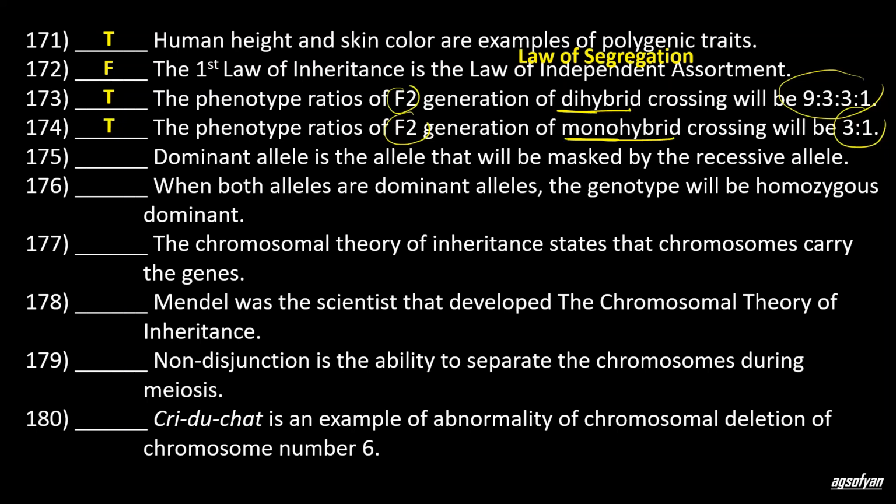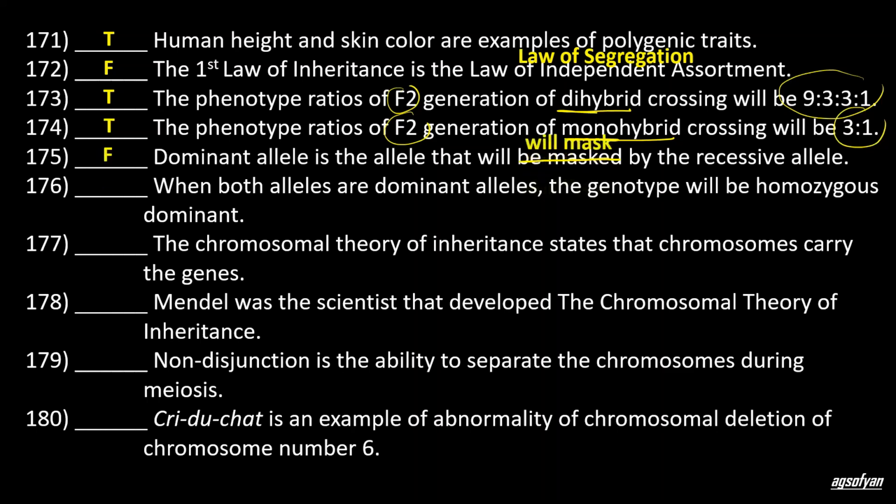Dominant allele is the allele that will be masked by the recessive allele. True or false? It is wrong. This is not the one that is masked, but the one that actually covers the other allele.